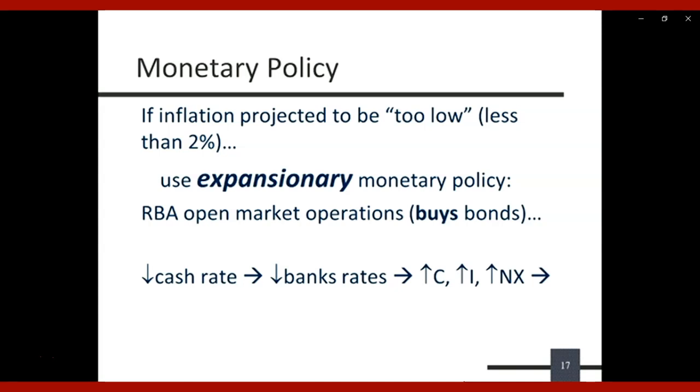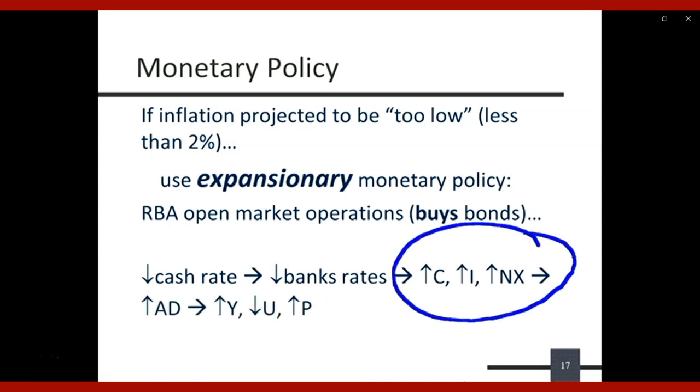Businesses and households can now afford to borrow more and therefore to spend. So households spend more on credit, consumption spending goes up, and businesses spend more on investment with credit. Investment spending goes up. Also, the value of the Australian dollar falls, and as a result, exports become more competitive, net exports rise. All of these, C plus I plus NX all rising, contribute to aggregate demand rising.